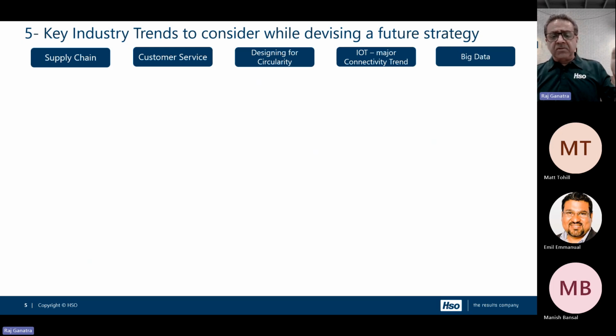An interconnected supply chain is really critical around this journey. You need to reevaluate and modernize your customer service capability because you need to build a customer-centric organization.